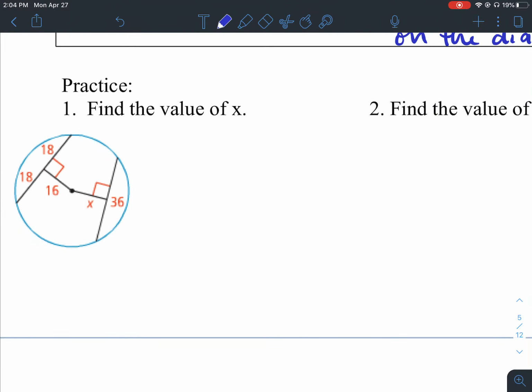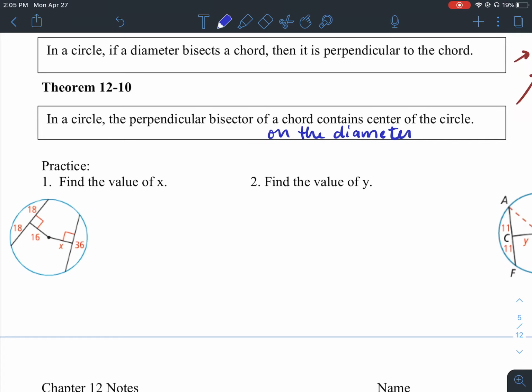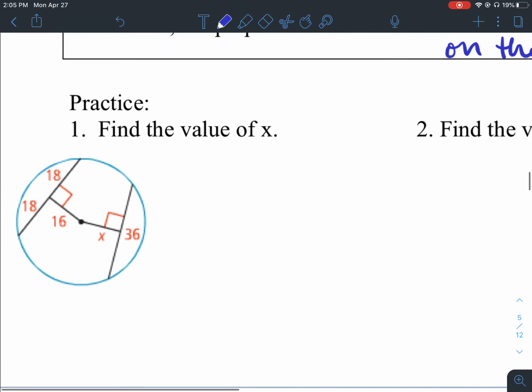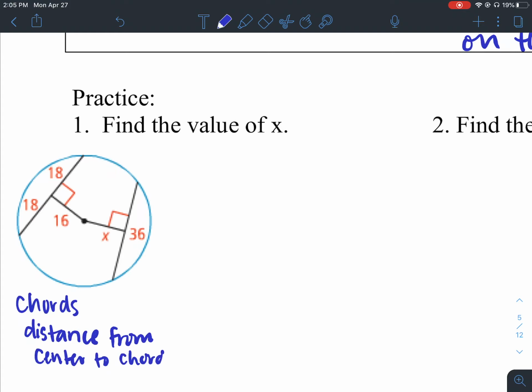So I want to look at my problem and analyze the situation because we've already got 10 theorems written down on our theorem page. So we have to figure out which one works the best. I want to see what I've got. I have chords and I have distances from the center to the chords.